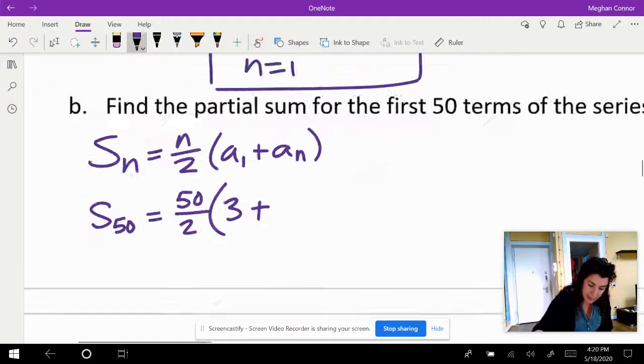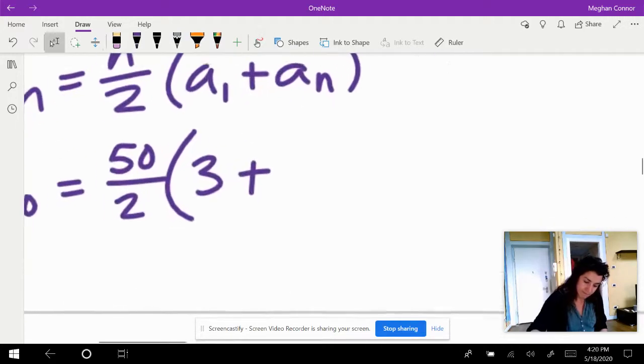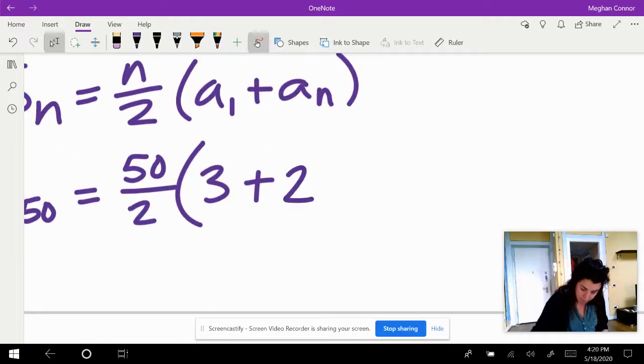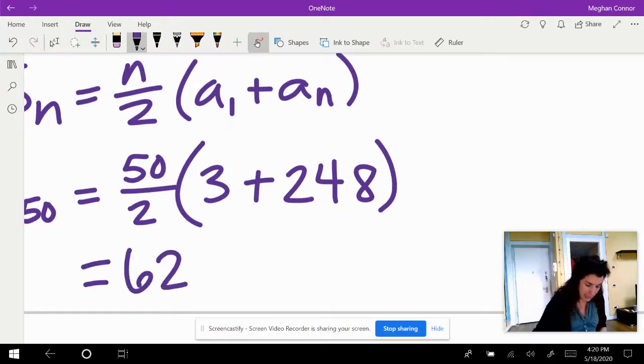And then a sub 50, I'm just going to calculate real quick. 5 times 50 minus 2 is 248. So then add 3 to that, and then multiply by 25, and we get the answer of 6,275.